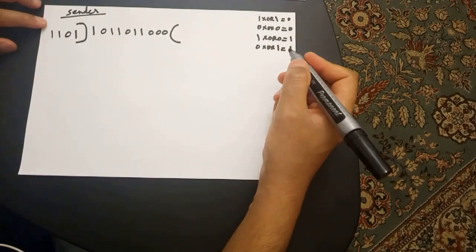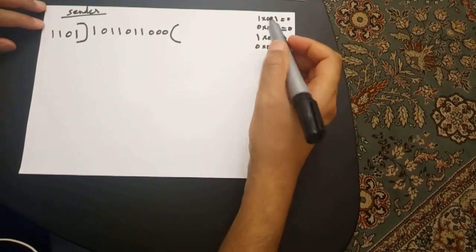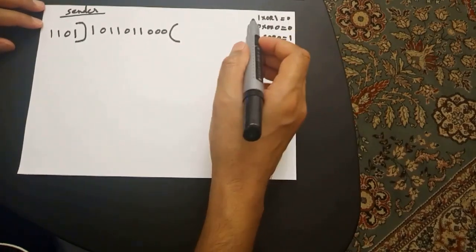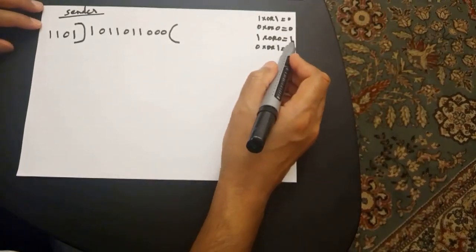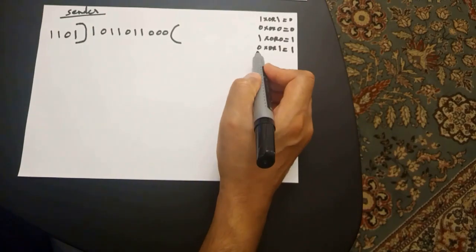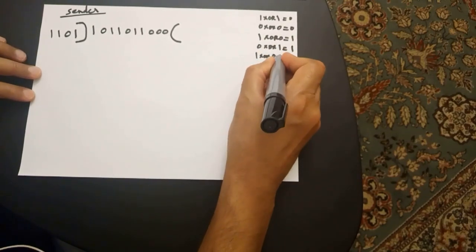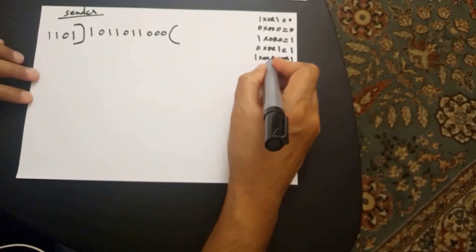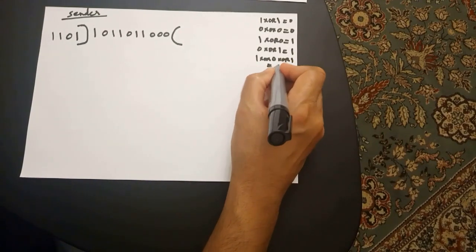So the simple rule of thumb is that whenever the bits are the same, the answer is 0, and when the bits are different, the answer is 1. So what is 1 XOR 0 XOR 1? 1 exclusive OR 0 is 1, and 1 exclusive OR 1 is 0. So I hope you get it.